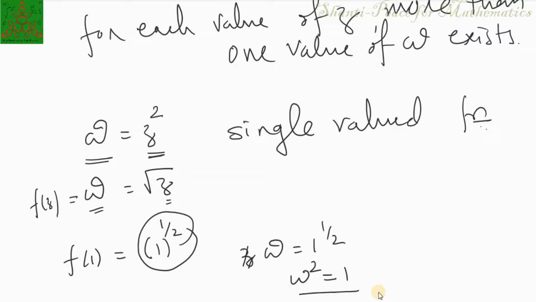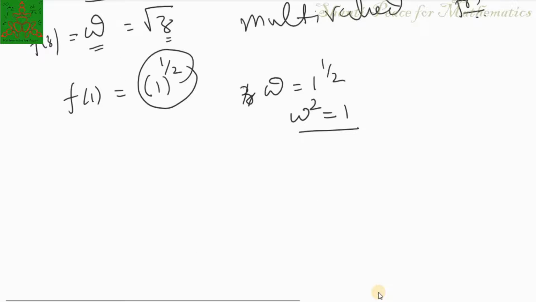So there are two possibilities for w: either plus 1 or minus 1. That's why it is called a multi-valued function. Those functions which give only a single value are called single valued functions. So that is about single valued and multi-valued functions.